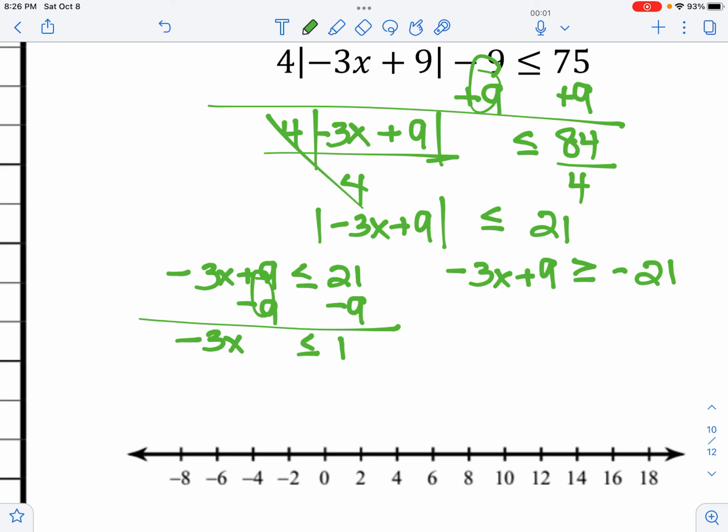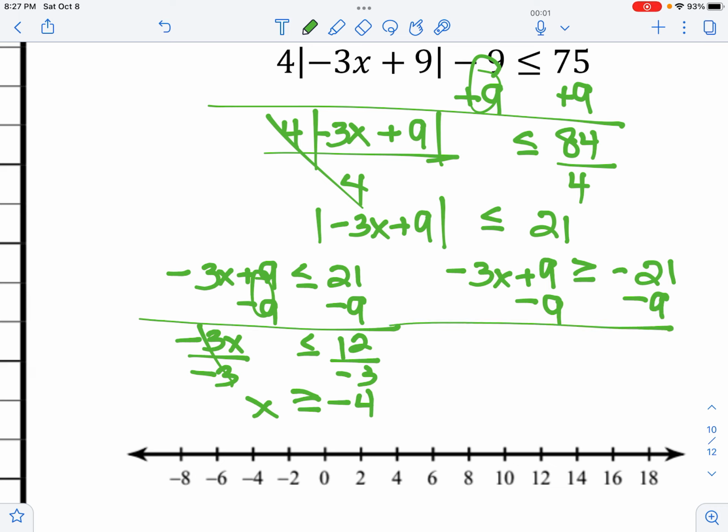That would be 12. All right, so this one I want to divide by negative 3. So be careful here. I'm dividing by a negative number on both sides of the inequality. I need to be aware of that and flip my inequality. Now that's also going to happen with the other one too because I have a negative 3x over there too. So just got to keep that in mind.